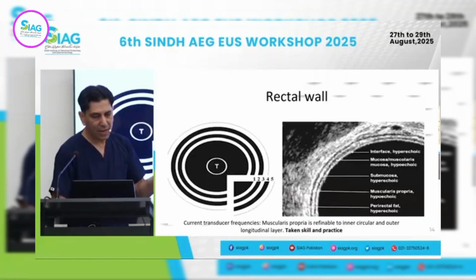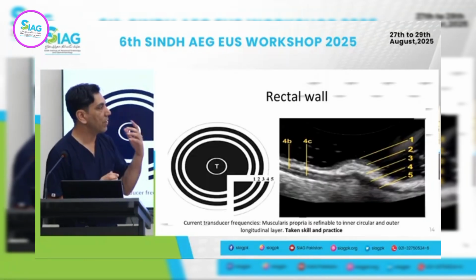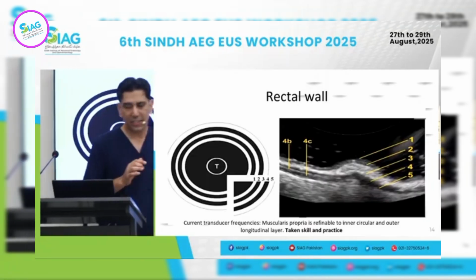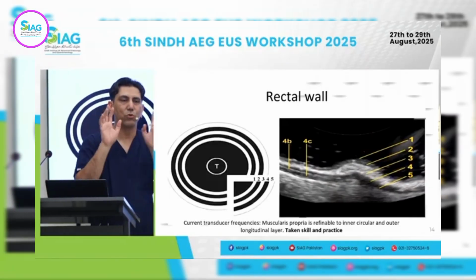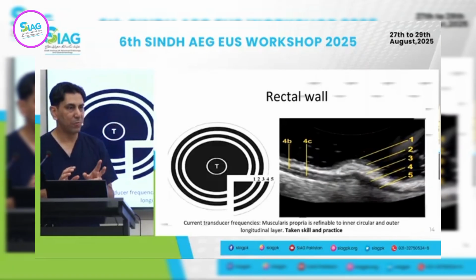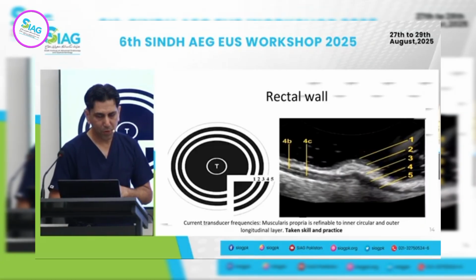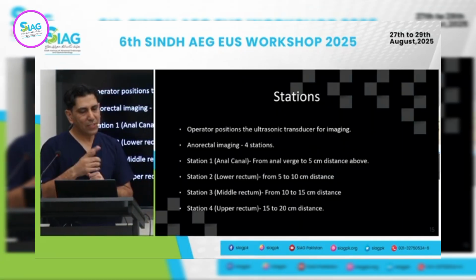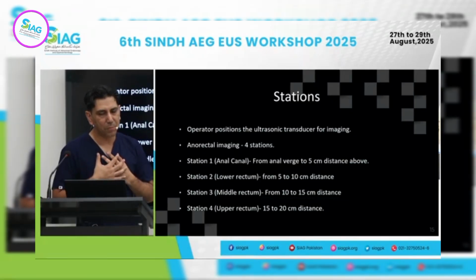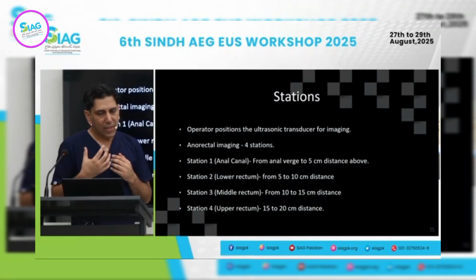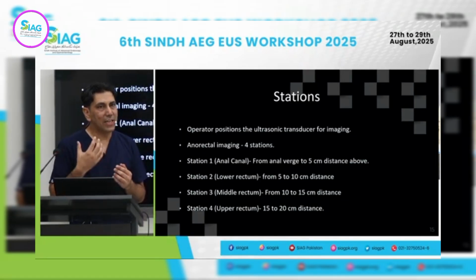Now, if we have to orientate ourselves and we end up doing the linear examination, again the same principles: just work around those two black layers, muscularis propria and muscularis mucosae. Okay? Now, as I said, I know we don't want to do a station-based approach, but in some situations it does help.